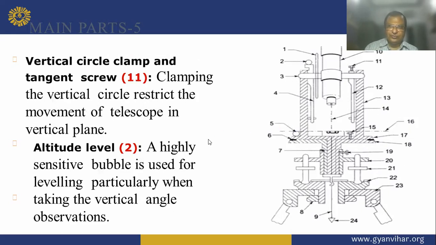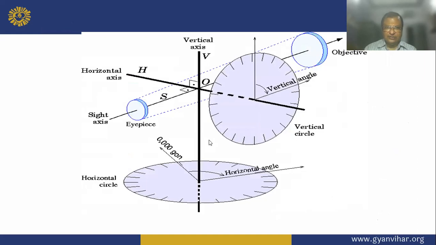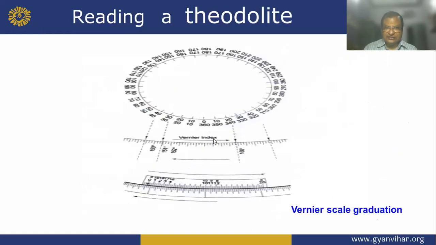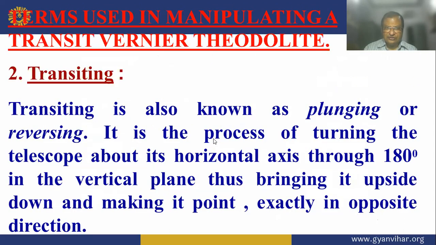Now there is the vertical circle clamp and altitude level. These are all shown in this. This is the reading theodolite. So dear boys, you have read this theodolite and about the problems.